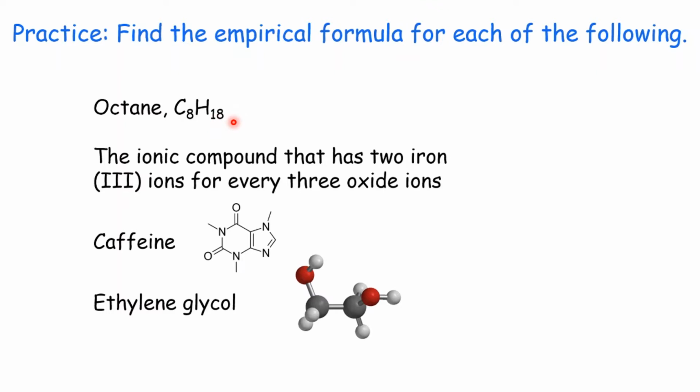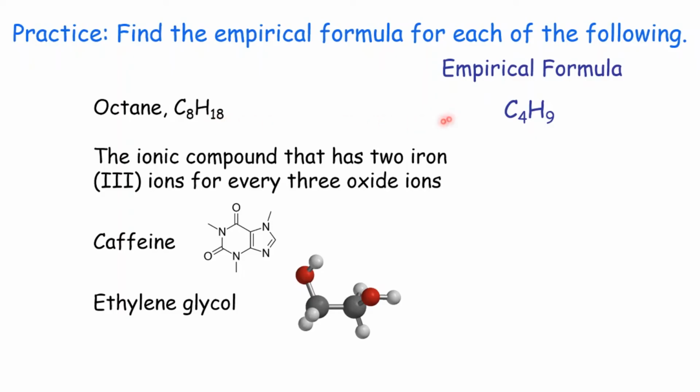So let's take a look at what the empirical formula should be. We divide everything by 2, then we'll have C4H9. And obviously, 4 and 9, that's the smallest whole number ratio already. So therefore, C4H9 is the empirical formula for octane, while C8H18 is the molecular formula for octane.